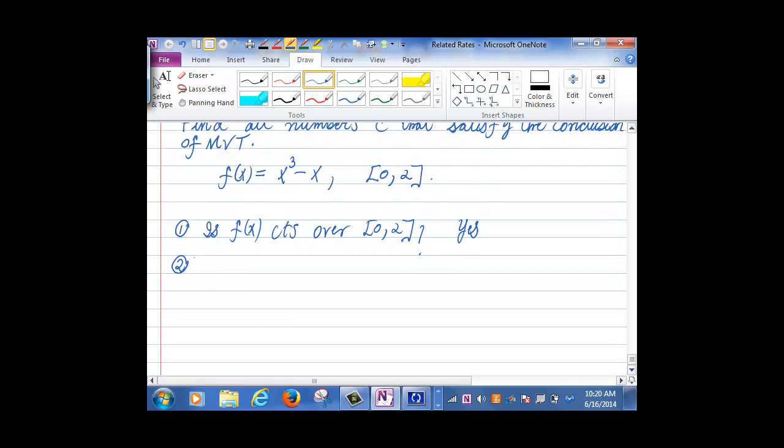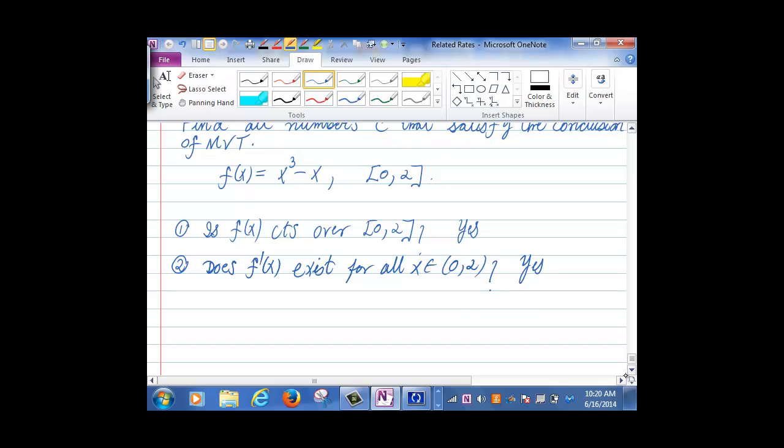Number two, does f prime of x exist for all x between 0 and 2? Well, the answer is yes again, because a polynomial function is differentiable everywhere, right? So it does satisfy all the conditions.